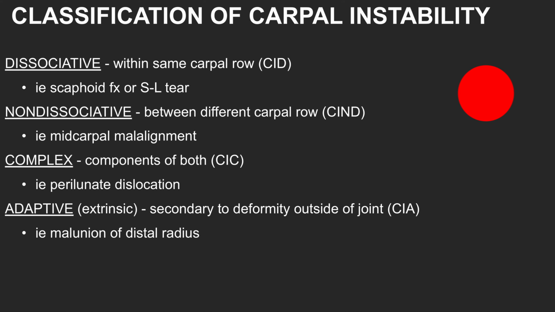Complex are those where elements of both are mixed together, such as a perilunate fracture dislocation. And adaptive instability is that which is caused secondary to deformity outside of the joint. For example, malunion of a distal radius fracture with dorsal tilt, which then causes a compensatory volar tilt of the adjacent segment.